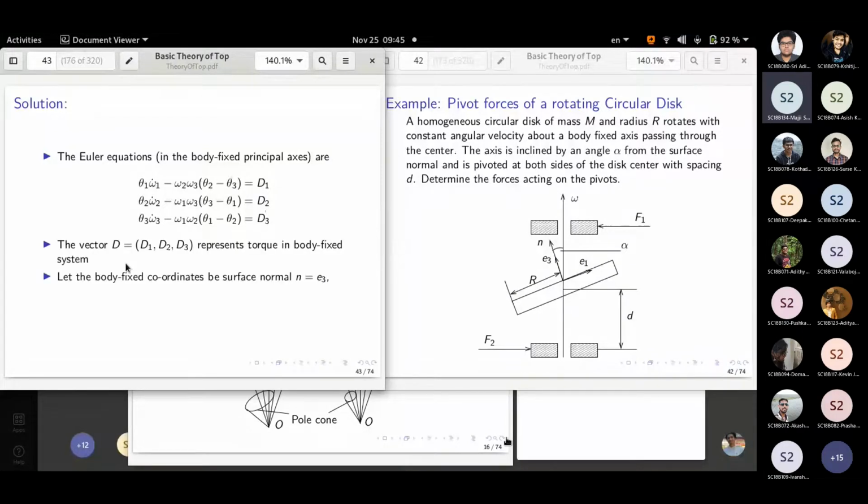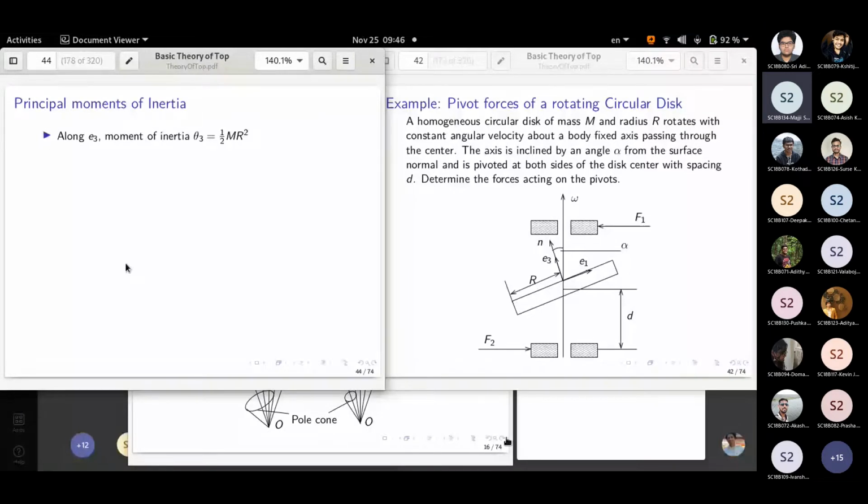Let the body fixed coordinates be surface normal E3, and E1 and E2 are orthogonal and along the disk. And E1 lies in the same plane as N, omega and E3. They are all in the same plane.